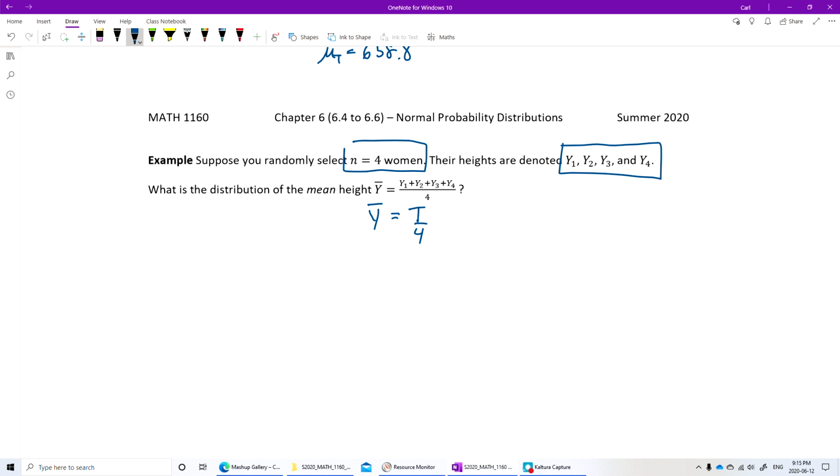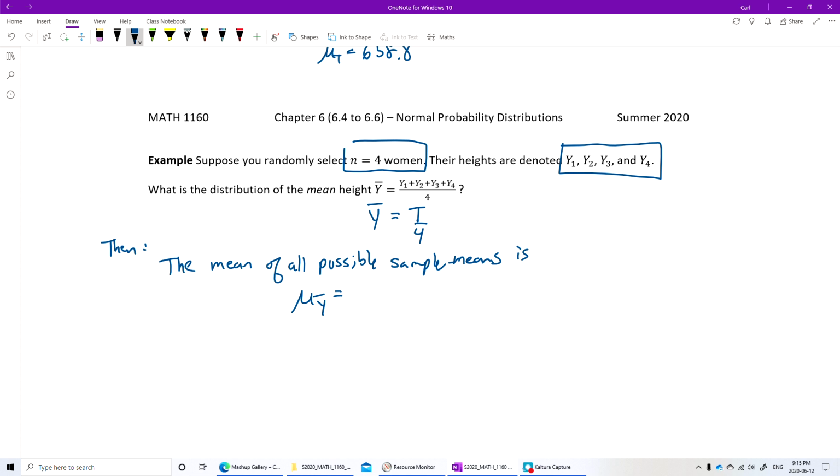Now, here we have to think a little more creatively. What is the mean? So then the mean of the sample means, the mean of all possible sample means, is mu y bar.